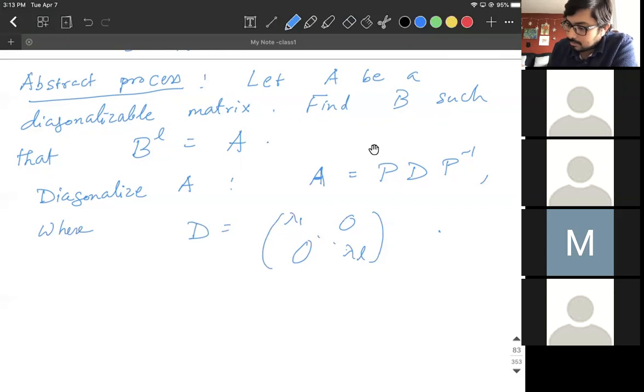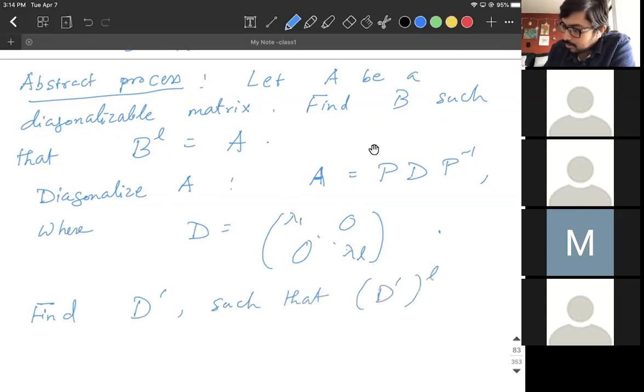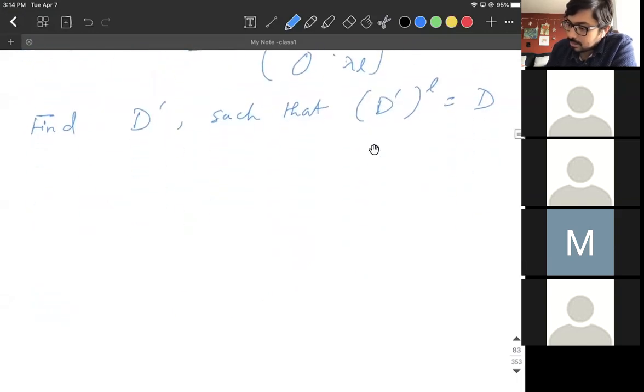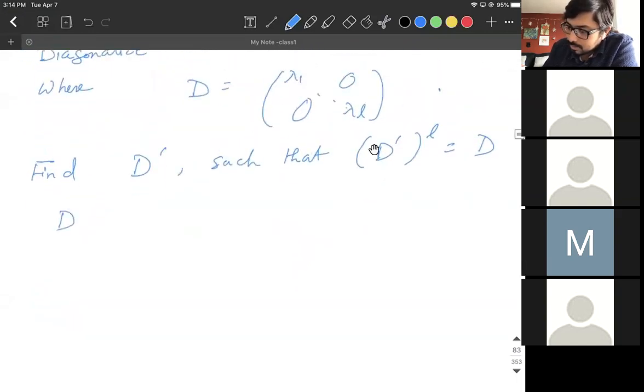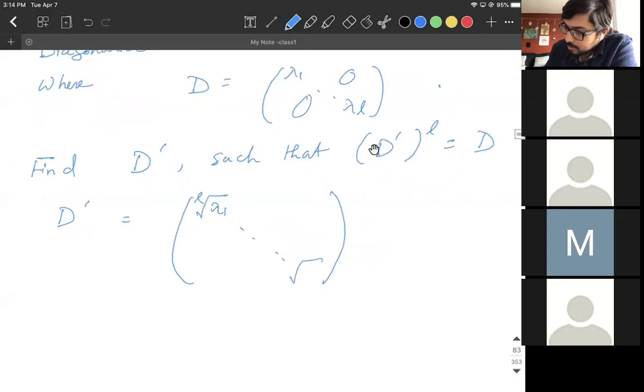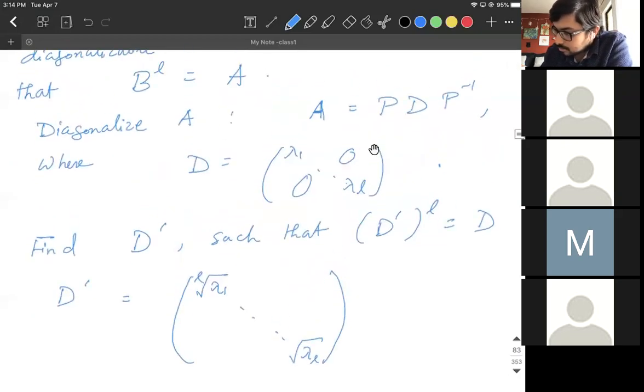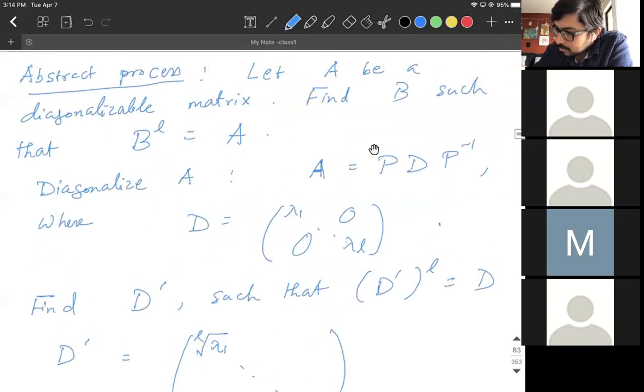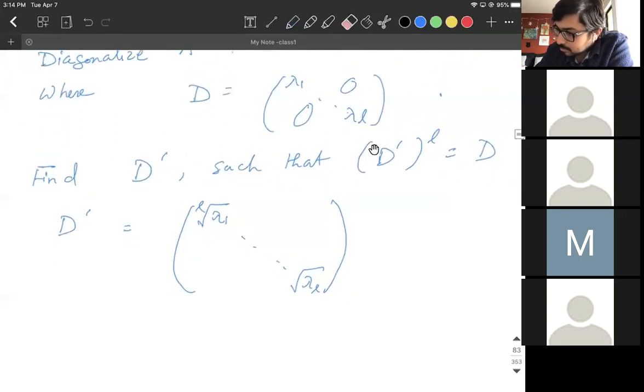Then the idea is to find, let's say, D prime such that D prime to the L gives you D. So in this case, D prime is given by taking the Lth root of each entry in the diagonal.